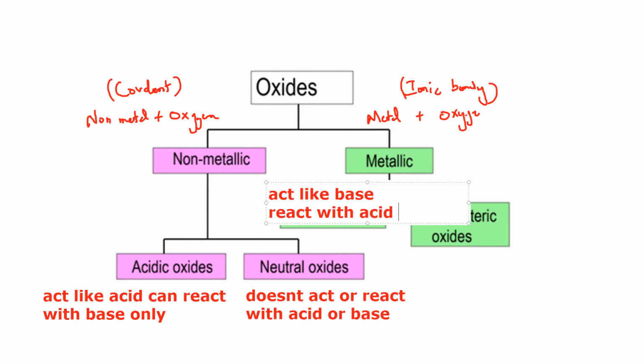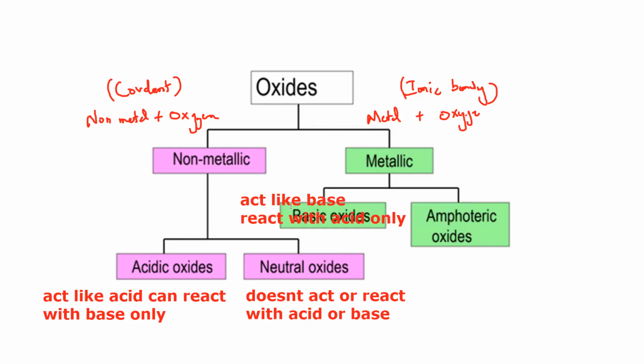So if we add acid, they can react. If we add base, they don't react. And what about the amphoteric oxide? Amphoteric oxide means it can act like both acid and base, or it can react with both acid and base.